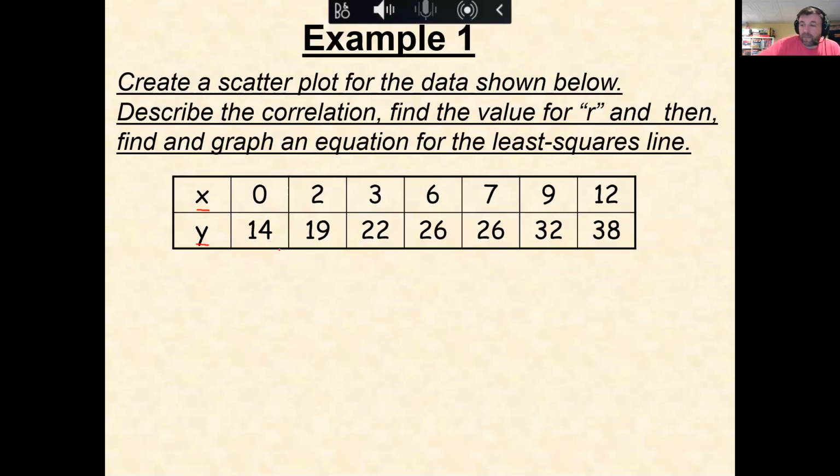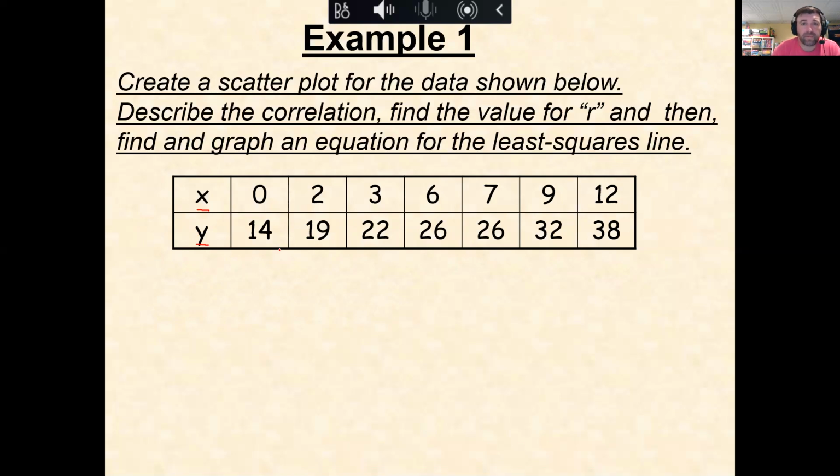If you've already watched the StatCrunch video, I would recommend pausing this video now and opening up StatCrunch and typing in your X's and your Y's, and then trying to come up with the least squares regression equation.